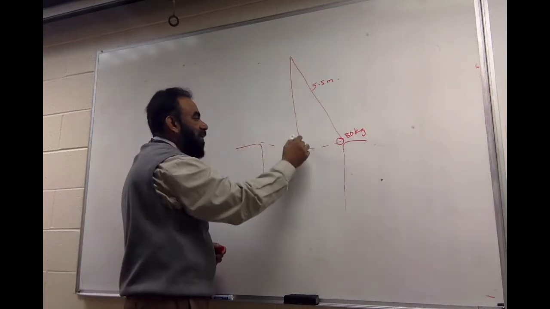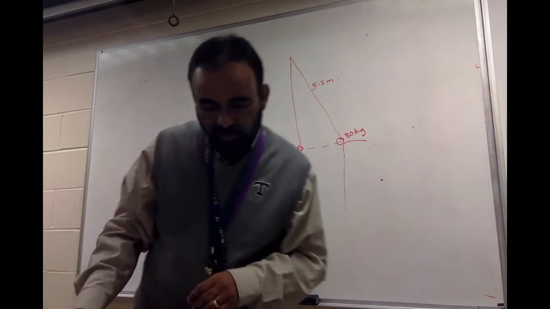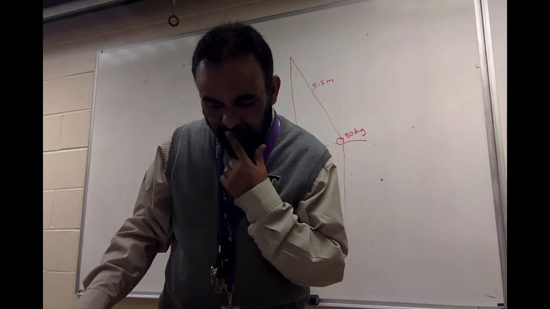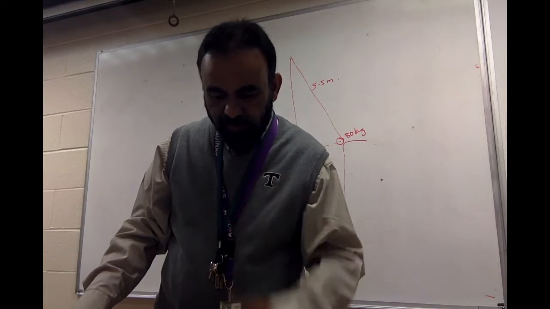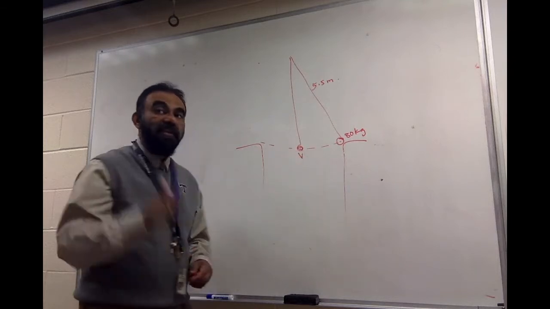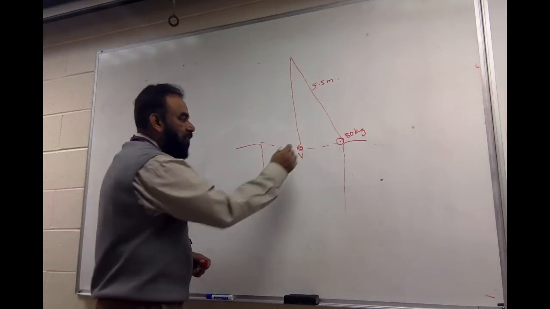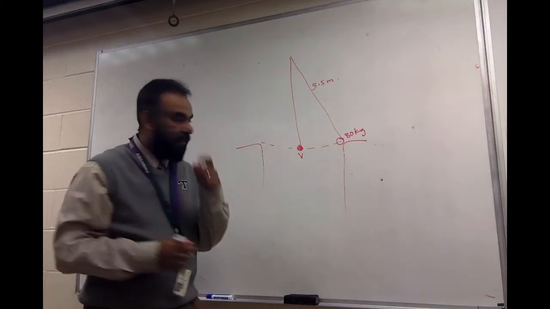So now the vine, we are going to consider that point. And the question is asking for speed. What is the maximum speed here that he can tolerate? So at this point, what are the forces acting? mg.